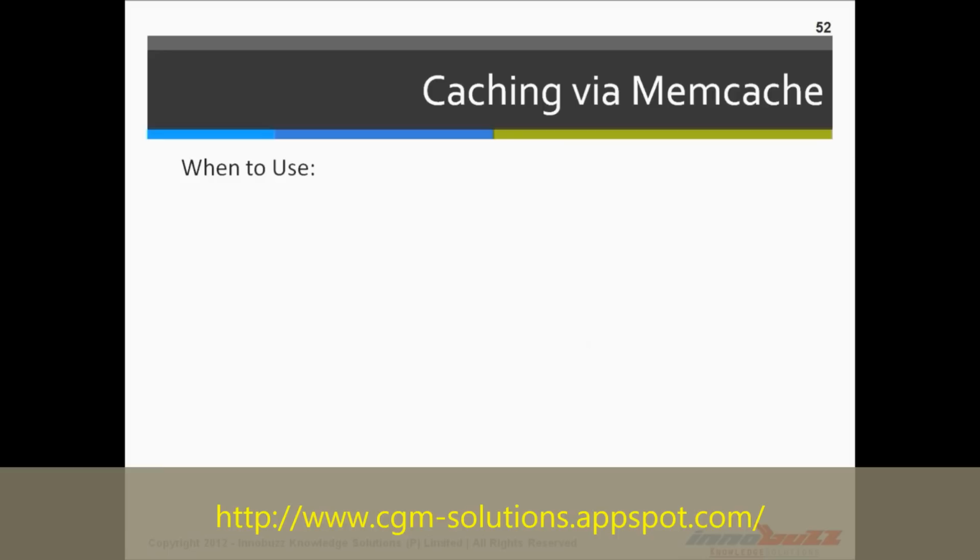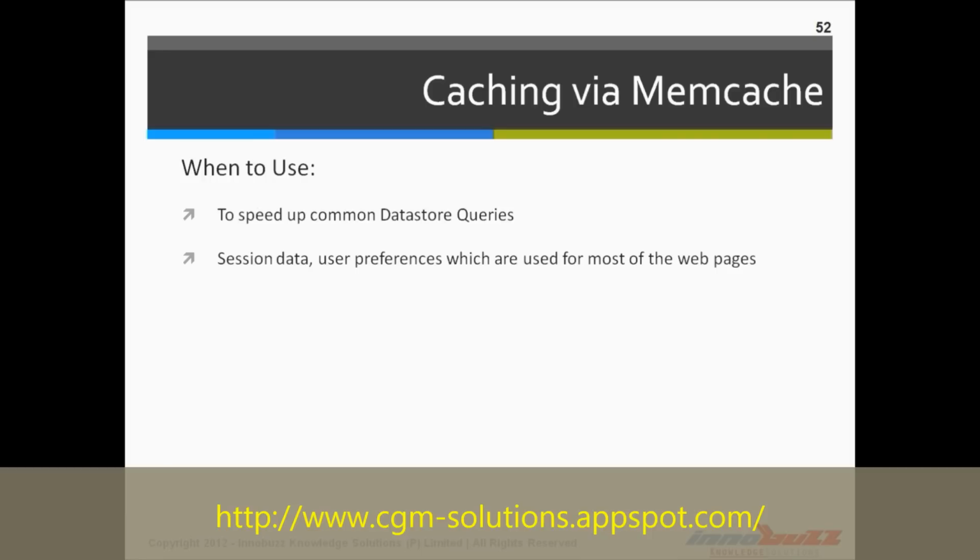We use Memcache to speed up common data store queries, session data, user preferences, which are used on most web pages, and temporary values which are not used for persistence.